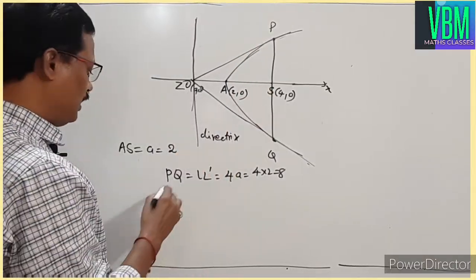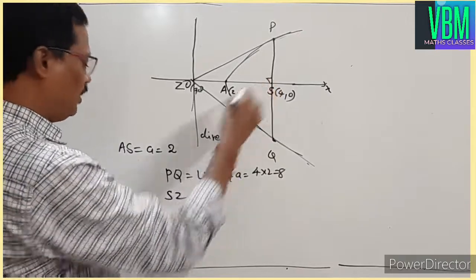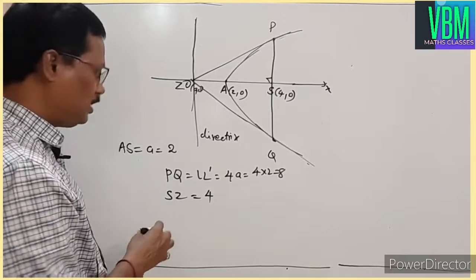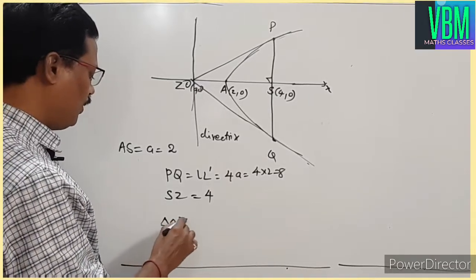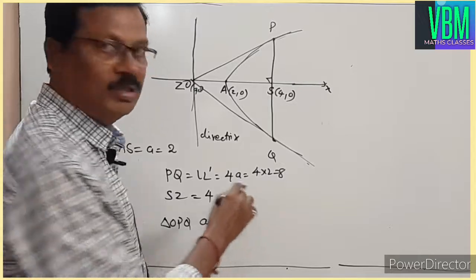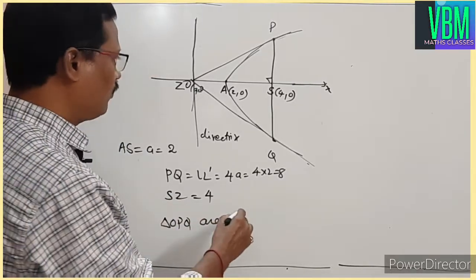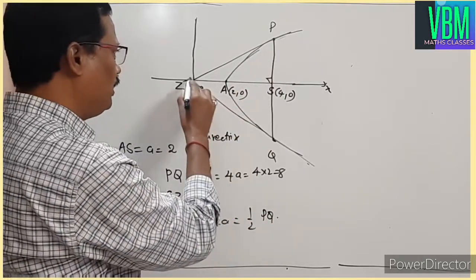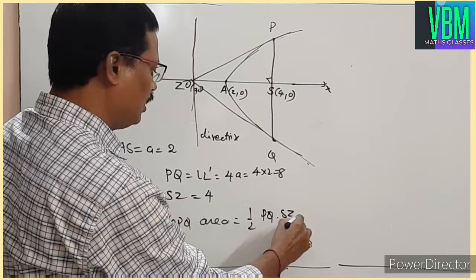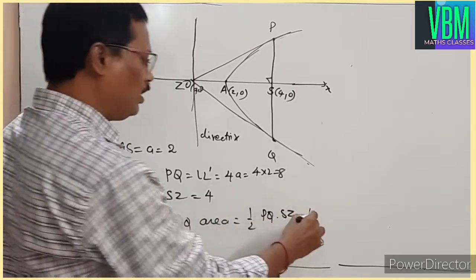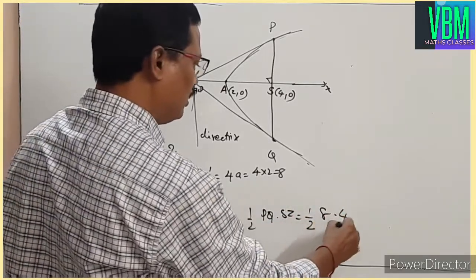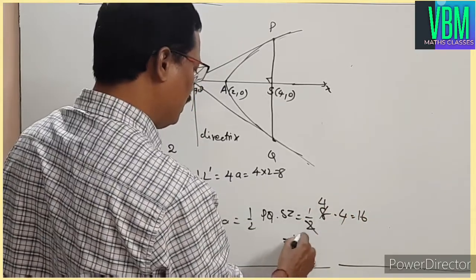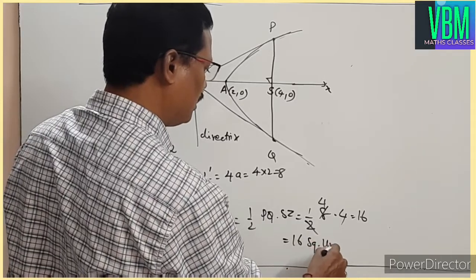What about SZ? SZ is equal to the total, which is 4. Then the area of triangle OPQ is half times base PQ times height SZ. Half times 8 times 4 gives 16 square units.